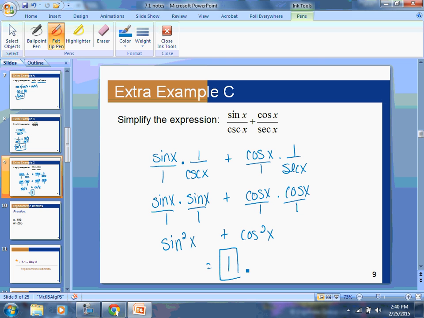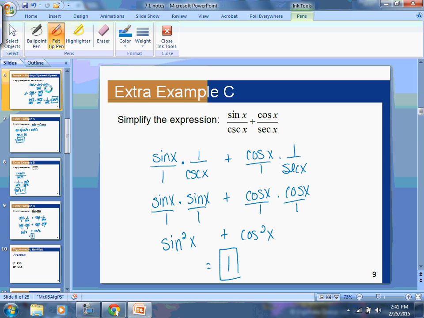So the tricky part with this concept is for students to think of what legal mathematical operation they can do to help break apart or combine or uncombine or rearrange these fractions. So I've demonstrated several legal skills here.